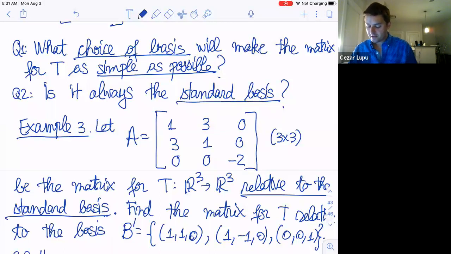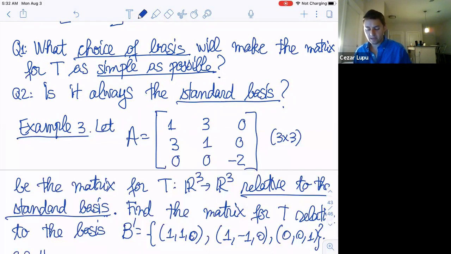So the third example: I'm given this 3 by 3 matrix with the entries 1, 3, 0, 3, 1, 0, and 0, 0, -2. This is the matrix for my linear transformation T from R3 to R3 relative to the standard basis.